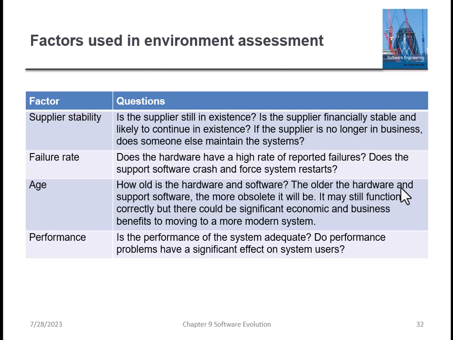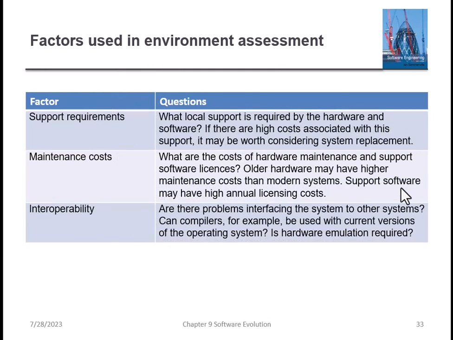Performance issues. Is the performance of the system adequate? Do the performance problems have a significant effect on the system users? Support requirements. What local support is required by the hardware and software? If there are high costs associated with the support, it may be worth considering system replacement.